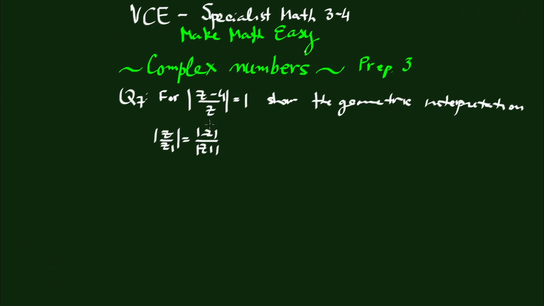So if you apply that rule, the previous becomes modulus of z minus 4 divided by modulus of z equals 1. From there we get modulus of z minus 4 equals modulus of z.